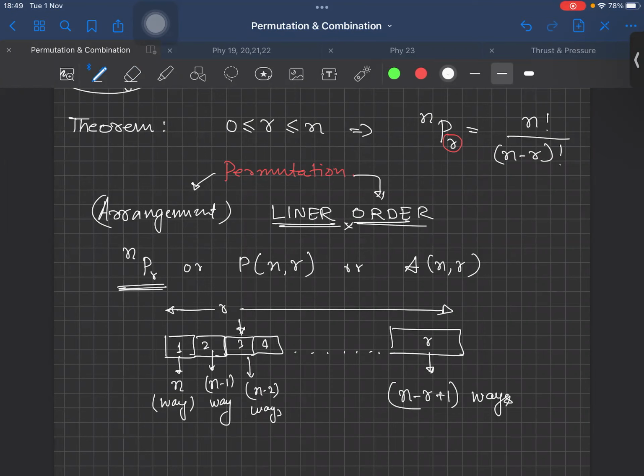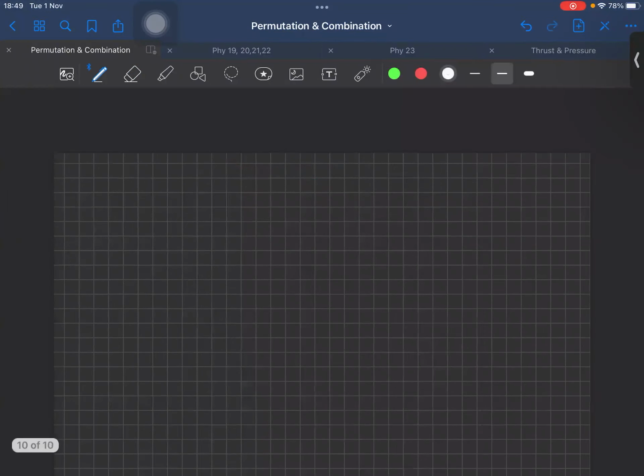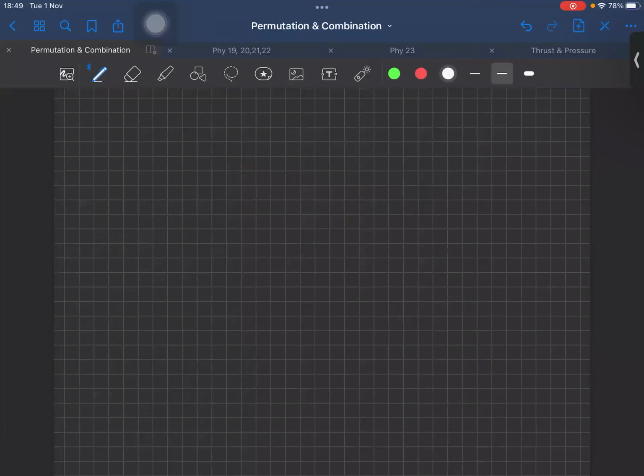Okay, so some of the important points that we are going to see about permutation: the number of permutations of n different things taken all at a time can be written as... I'll just write some of the important points. I think this should be there in your NCERT as well.